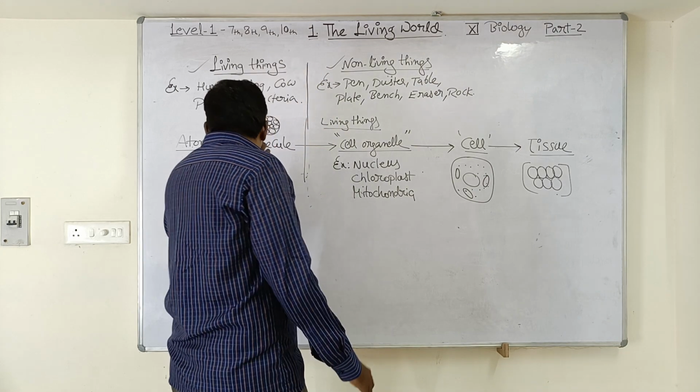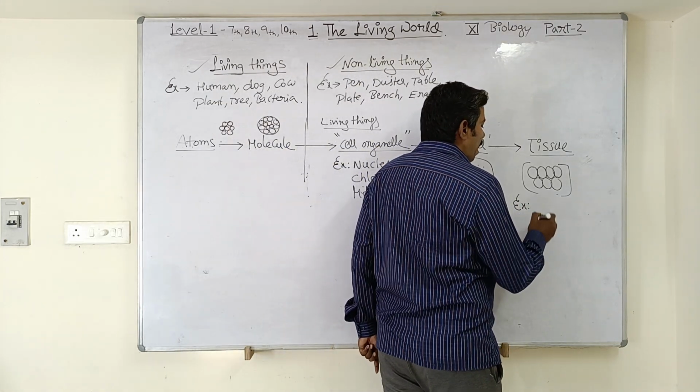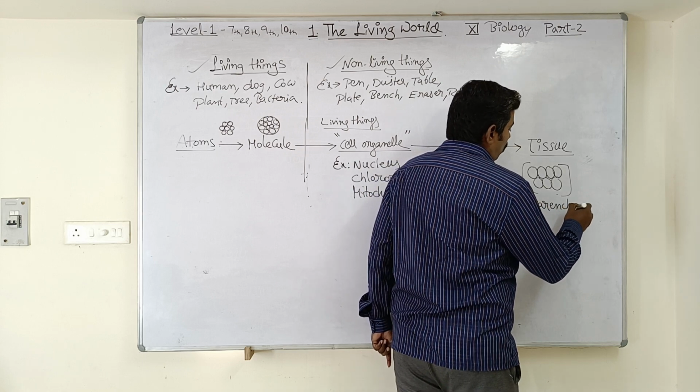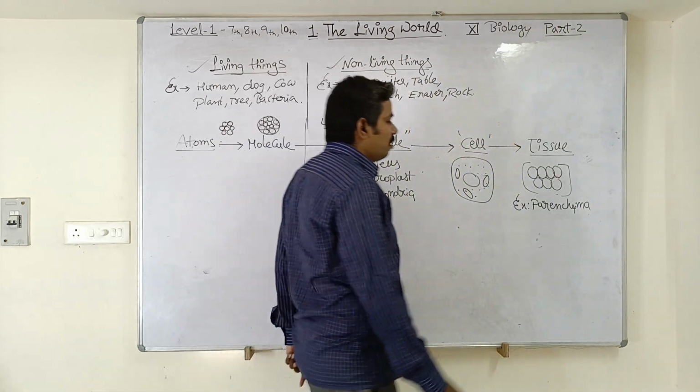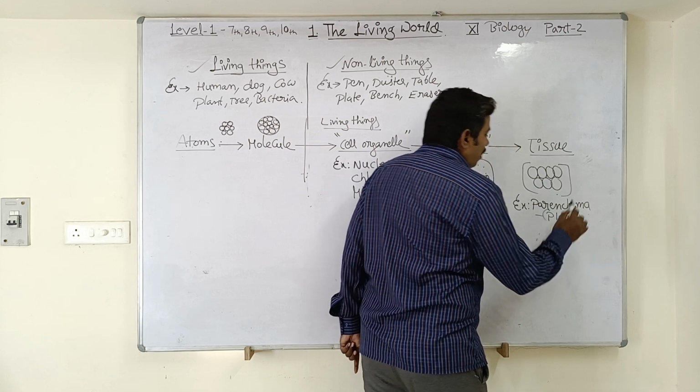Understood, students? In living organisms we have varieties of tissues. In plants there is a tissue called parenchyma, one of the common types of tissue seen in plants.